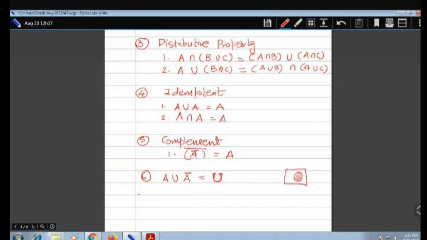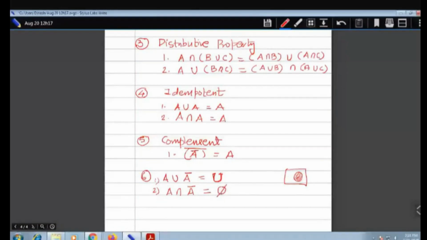Then we will have A intersection A complement. This is A and this is the complement of A, and what is the intersection of them? It is nothing, that is phi.